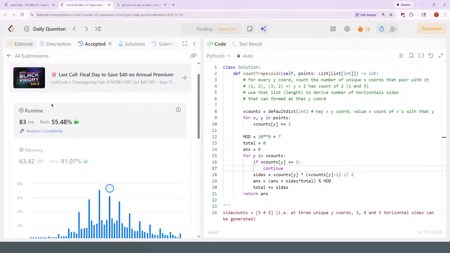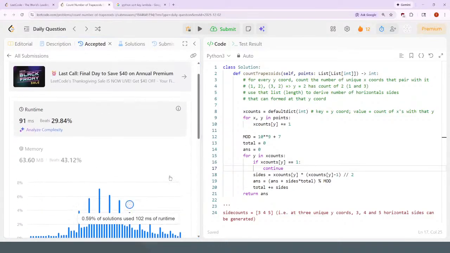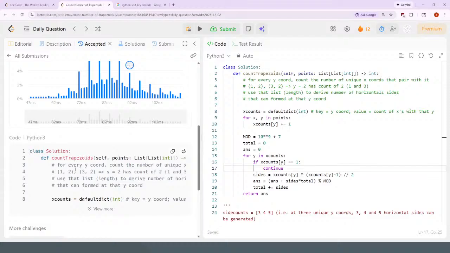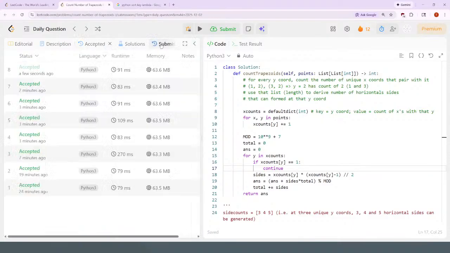I don't know why it's slower than the previous ones. Bunch of slower submissions. 79 milliseconds, 83 milliseconds. No, whatever. I'm done.